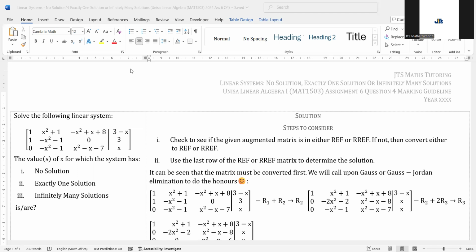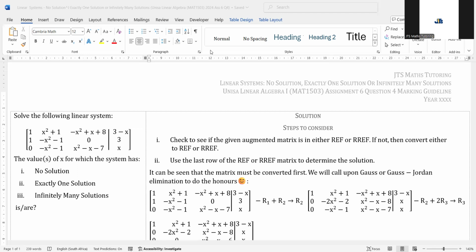So we can clearly see that this is not in row echelon form, let alone reduced row echelon form. So that's the very first thing that we are going to do right there. Then afterwards, we are going to use the last row of the reduced row echelon form or row echelon form to determine the type of solution.